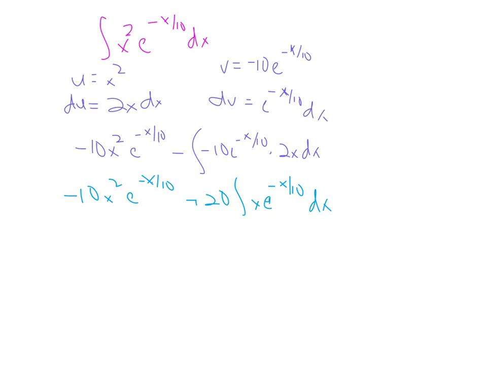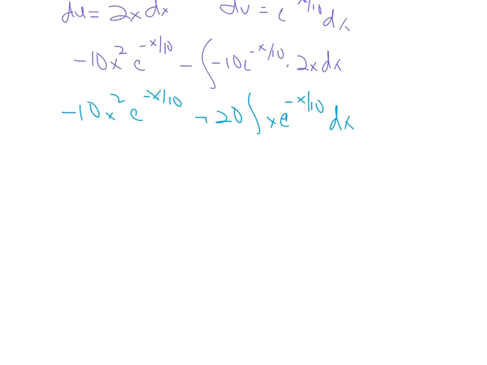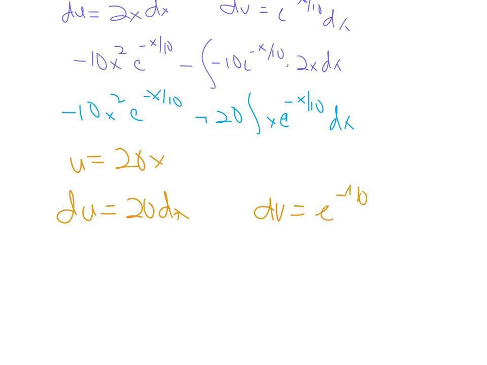And I'm actually going to move that 20 in. So what I'm going to do is make u 20x, which means that du is 20 dx, and then dv is e to the negative x over 10 dx, and v is e to the negative x over 10 with a negative 10 in front.